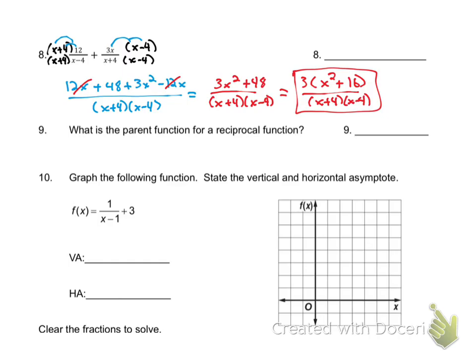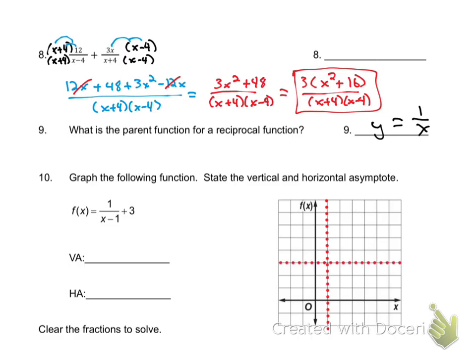Reciprocal function B. f of x, or y equals 1 over x. All right. So here we have an asymptote at x equals 1. x is like a snowflake, vertical. And y equals 3. 1, 2, 3.